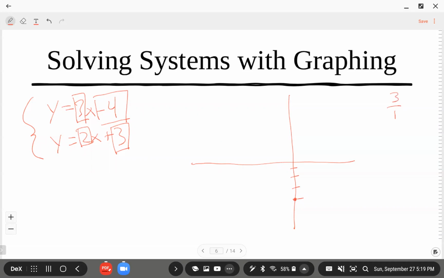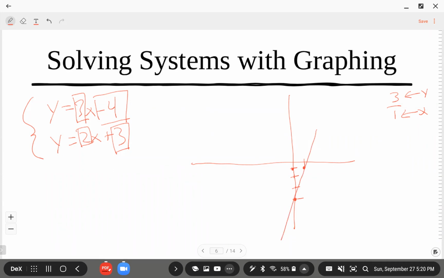We have to use the slope to find all the points. This is the change in y over the change in x. So 3 is the change in y. Positive 3, so let's go 1, 2, 3 up, and then go to the right by 1. This is our new point, and then we can repeat the whole thing. So this is our line.